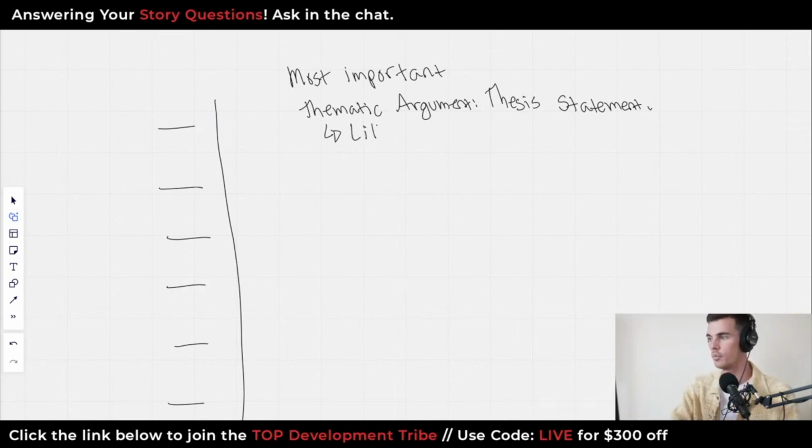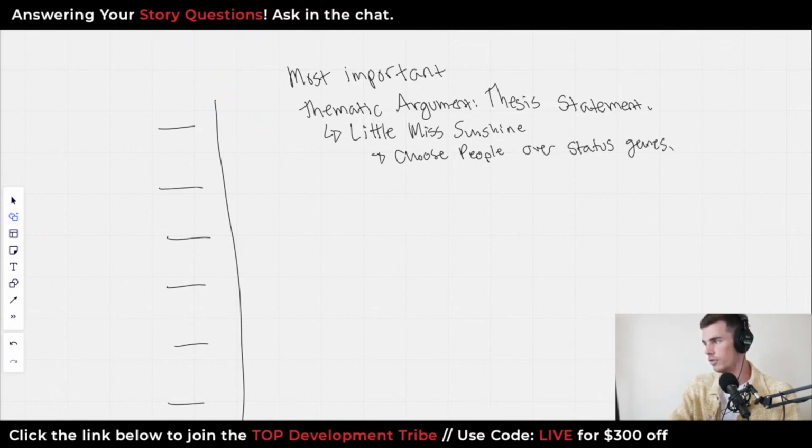So if you take Little Miss Sunshine, it's making the argument, choose the people closest to you over playing status games, essentially. Version of that, right? Once you have this, now you have one side of your philosophical conflict already. So once you have your thematic argument, now you're coming down into here and you're setting up your philosophical conflict.